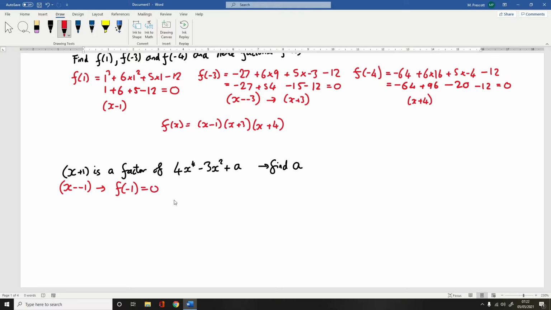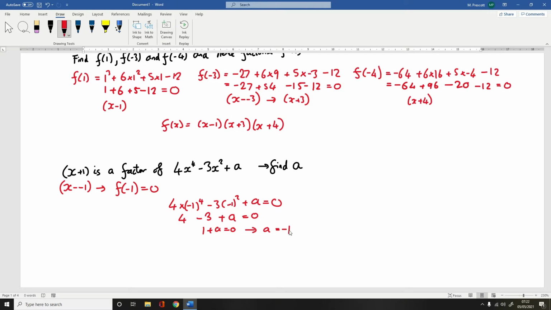So let's substitute that in. 4 times minus 1 to the power of 4, minus 3 times minus 1 squared, plus a should equal 0. So this will give us 4 minus 3 plus a is 0. And that will tell us that a is minus 1.